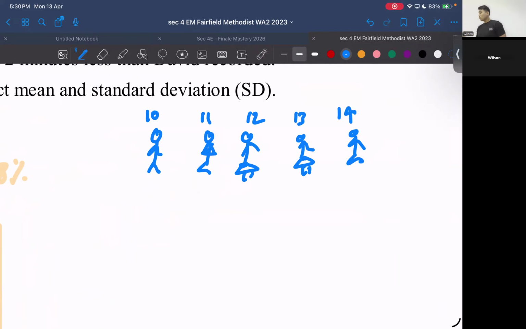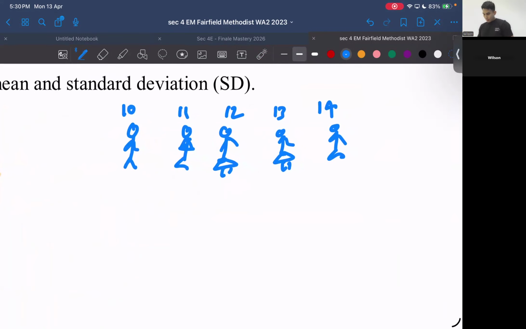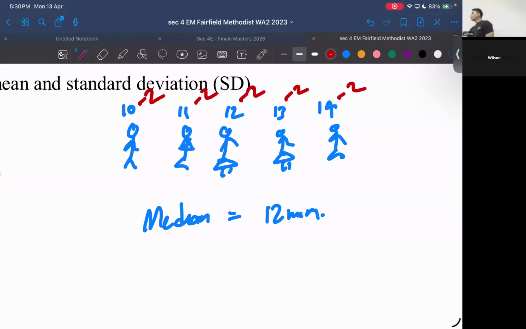Now let's use median as our performance indicator. So the median over here is 12 minutes, right? So let's say, for example, my recorder has something wrong and everybody is 2 minutes lesser, so -2, -2, -2, -2, -2 over here. What happens to my corrected median?